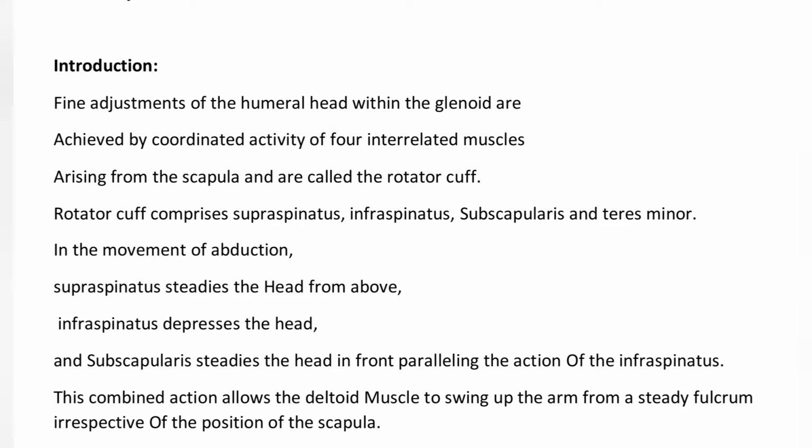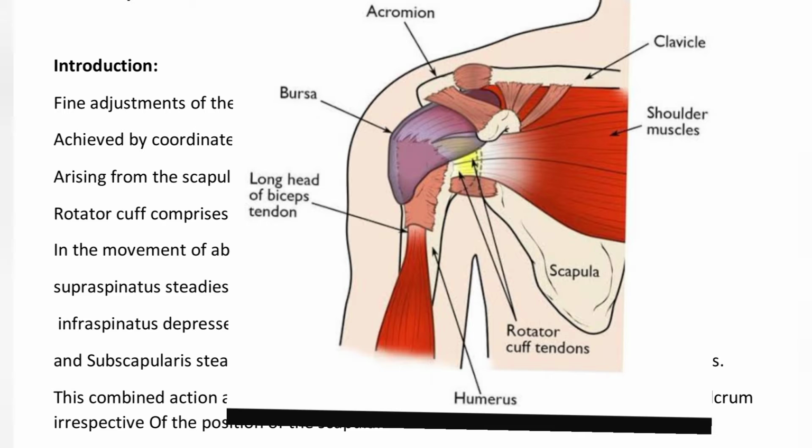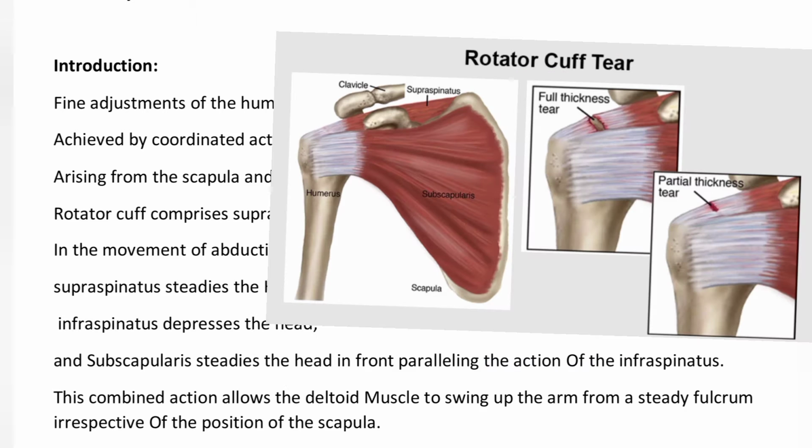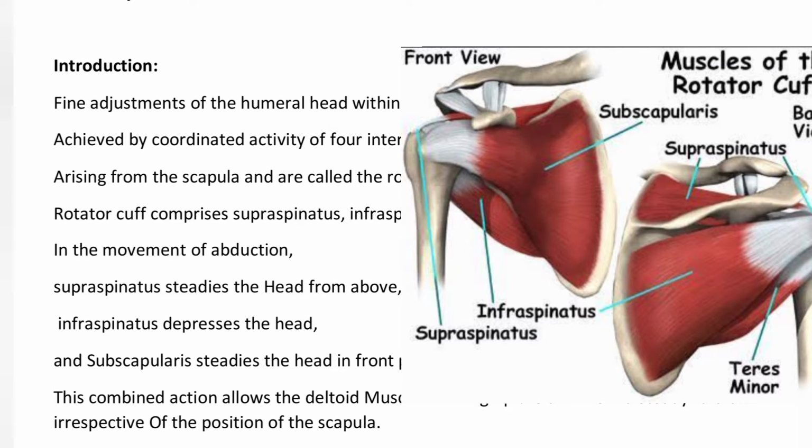First is the introduction. We know that the fine adjustment of the humeral head within the glenoid is achieved by the coordinated activity of four interrelated muscles which arise from the scapula and are called the rotator cuff. The rotator cuff comprises supraspinatus, infraspinatus, subscapularis and teres minor. While we perform abduction, the supraspinatus steadies the head from above and infraspinatus depresses the head.